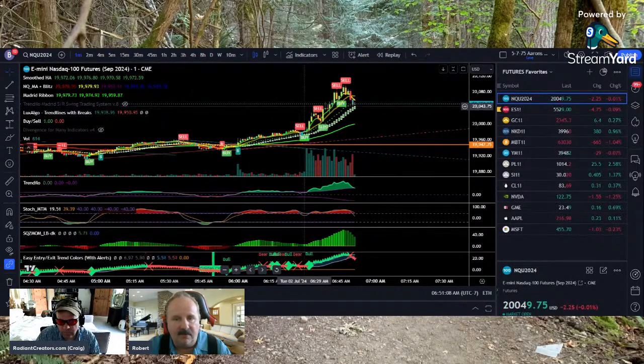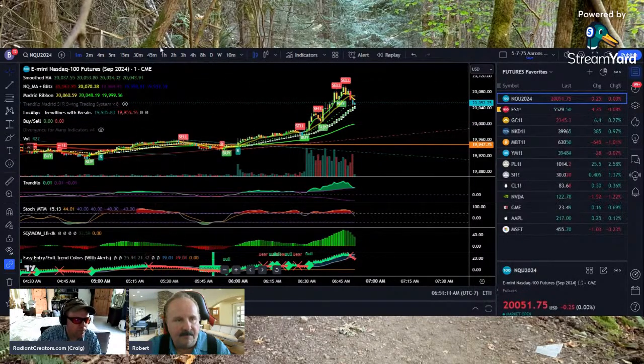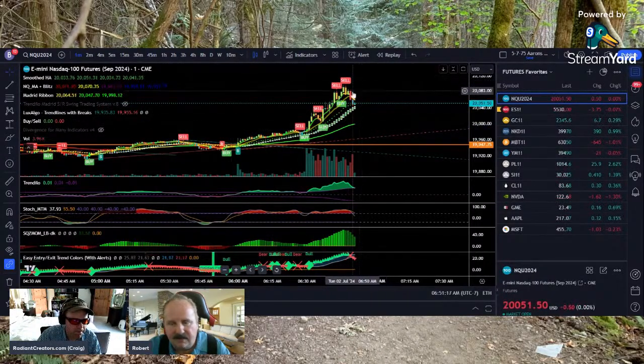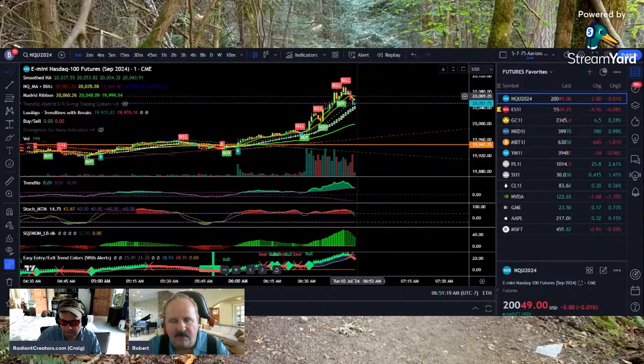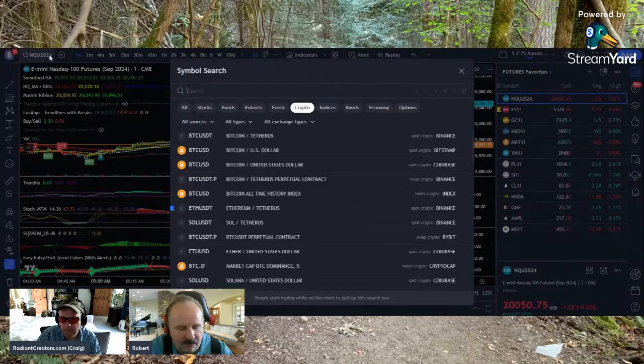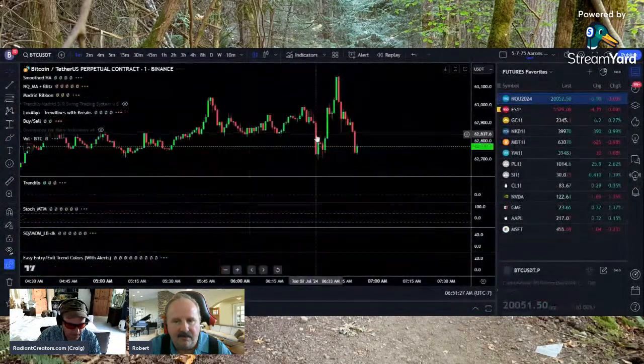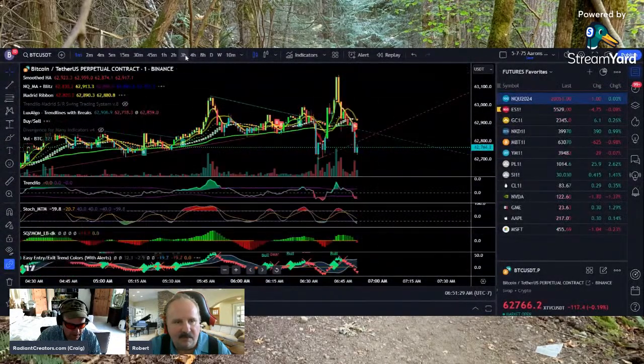This indicator will basically tell you when to get in. It's a little weak on the selling because it waits for more confirmation on the sell than on the buy. But I'll show you real quick because it's interesting that a free indicator can do a pretty good job.